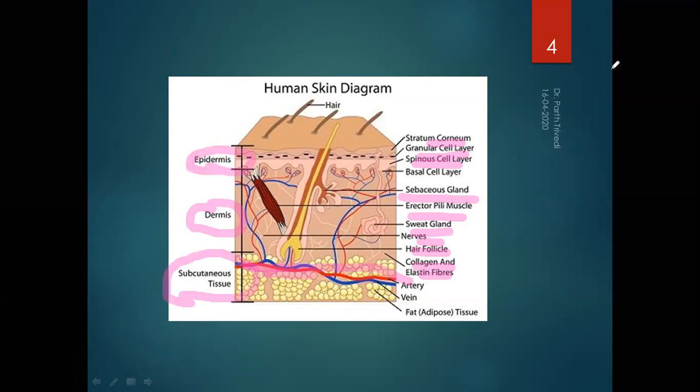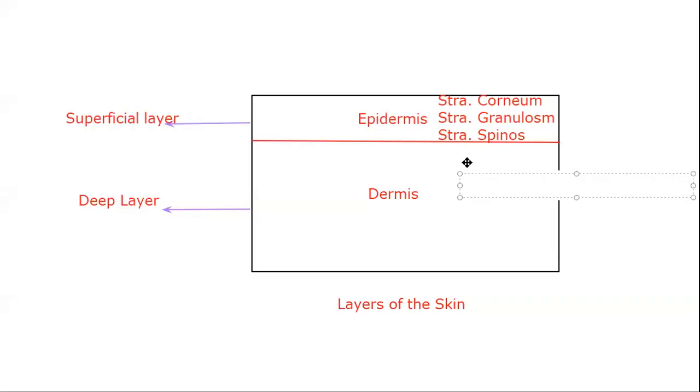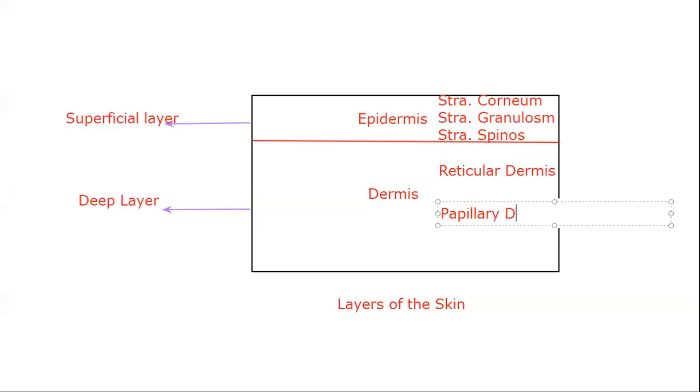So again, I would like to go to our whiteboard slide, where it is mentioned. As I said, in dermis, we have again two parts, reticular dermis and papillary dermis.